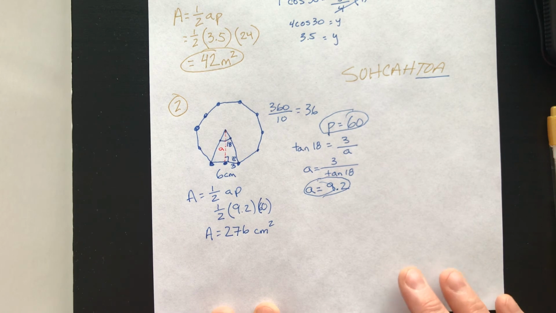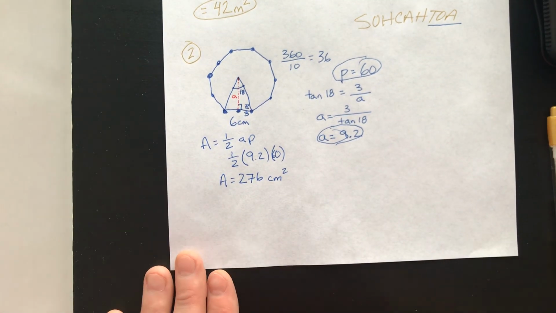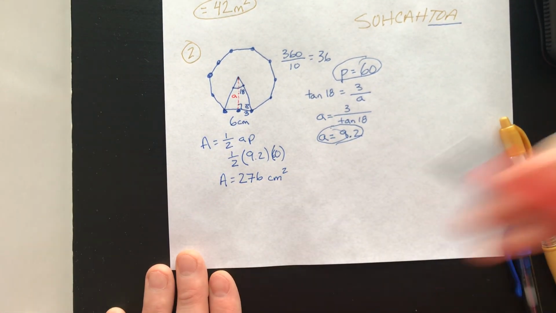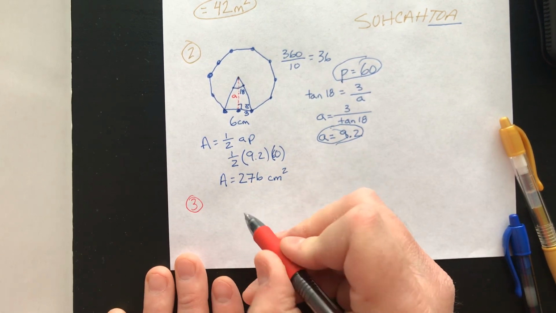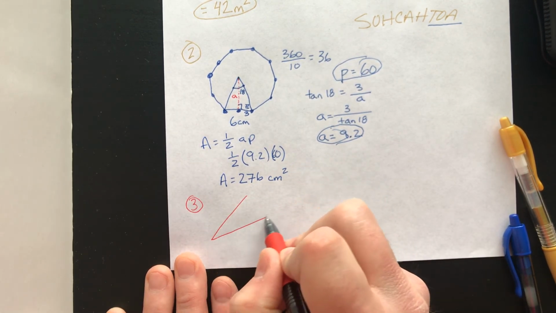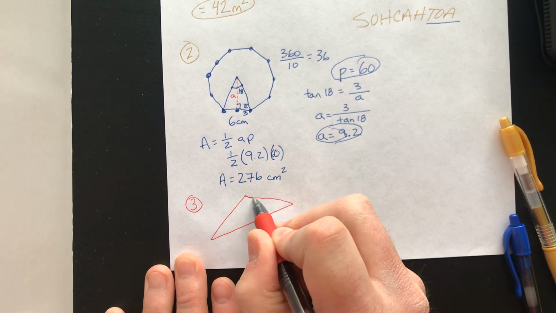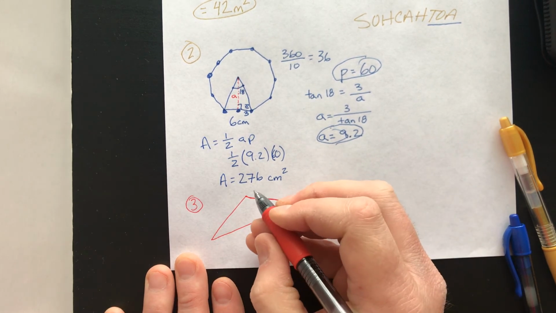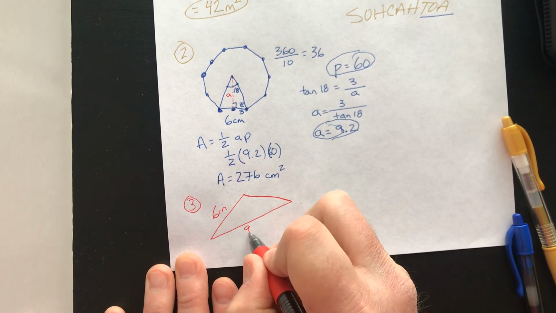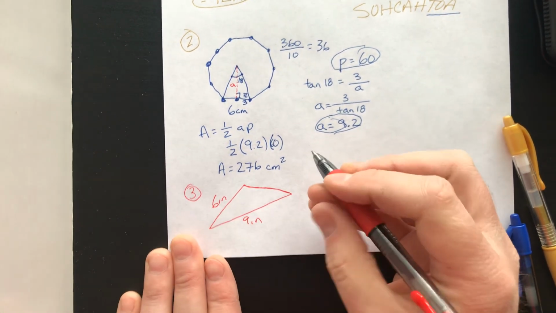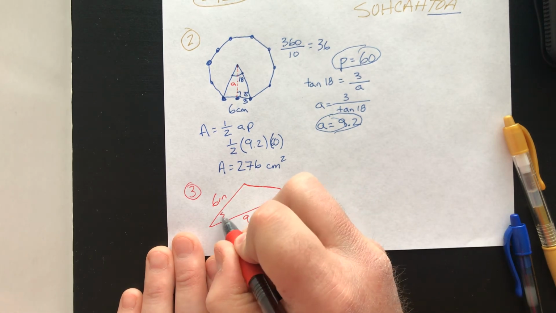And then the last problem, number 3, is actually really easy. Number 3, they give us a triangle. If you have any triangle where they give you side angle side, so they say this is 6 inches, this is 9 inches, and then this was 56 degrees.